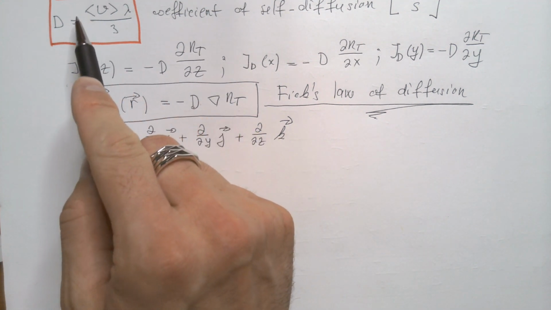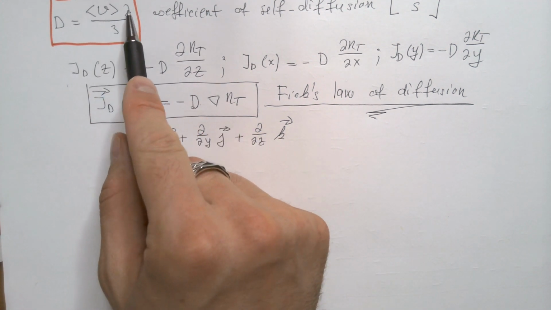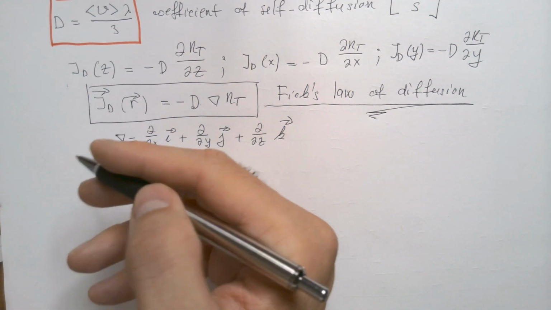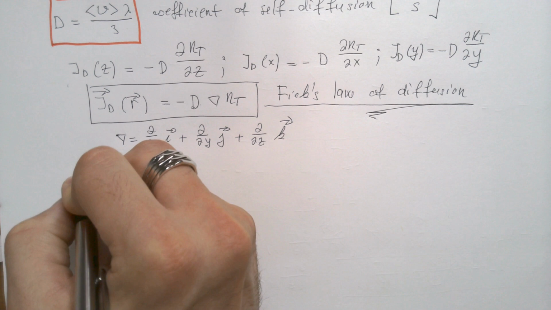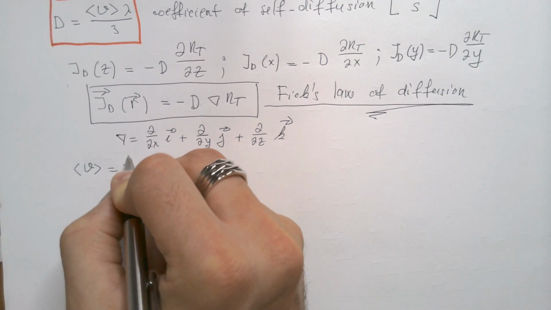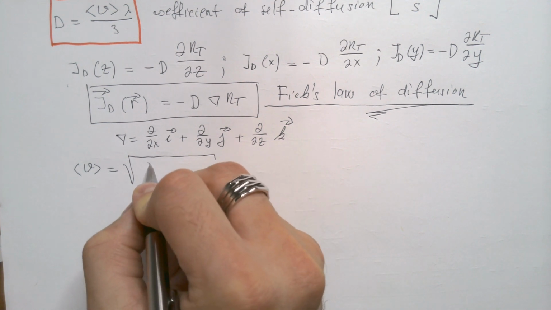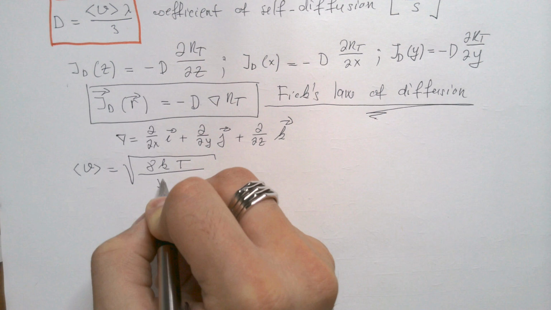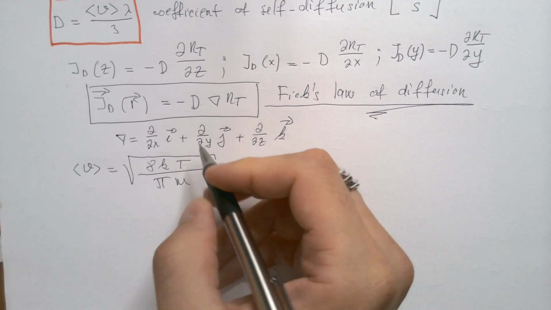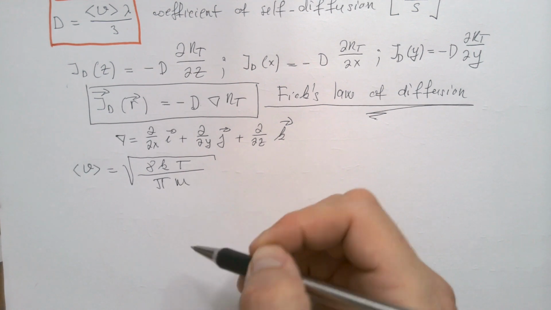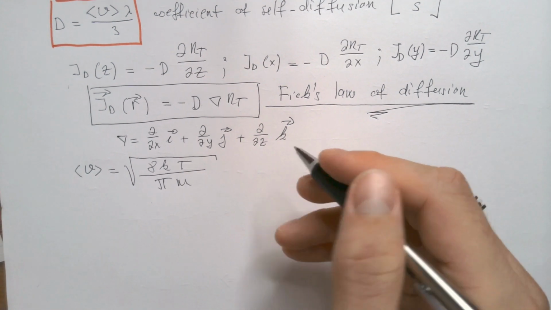At the very end, allow me to quickly examine this coefficient of self-diffusion D. You see here the definition that D is average speed times mean free path divided by 3. From my separate videos, we know that the mean speed of atoms in a gas is equal to the square root of 8kT divided by pi times m, where k is the Boltzmann constant, T is absolute temperature, and m is the mass of atoms.